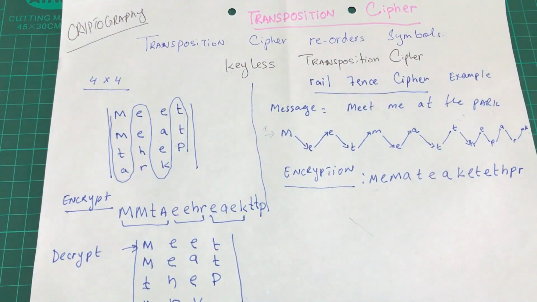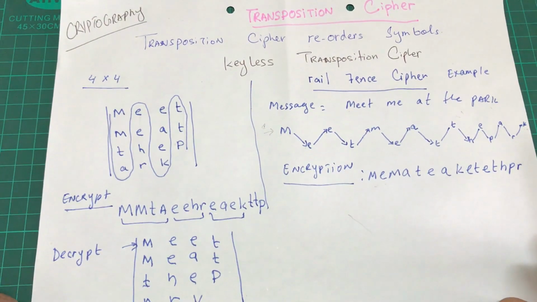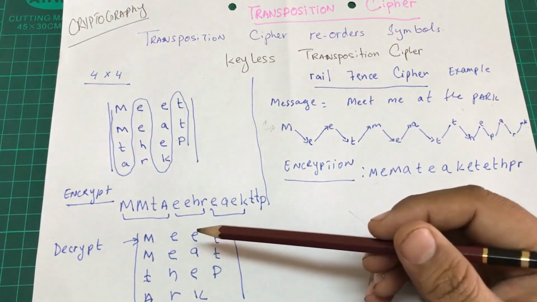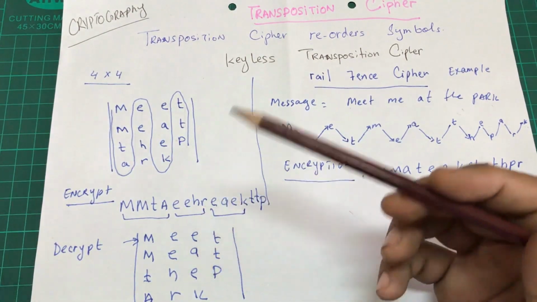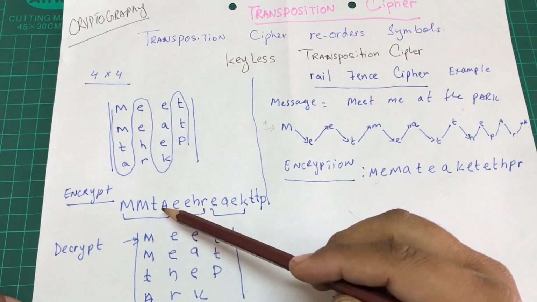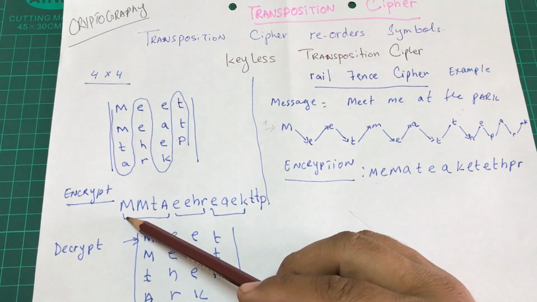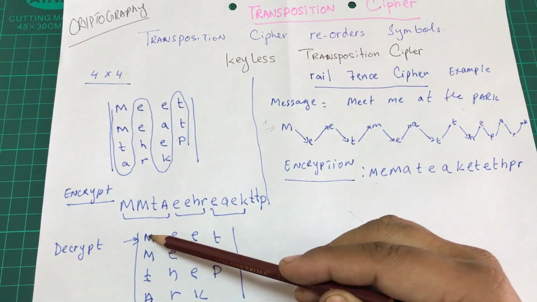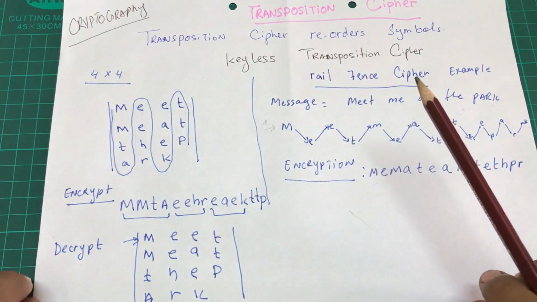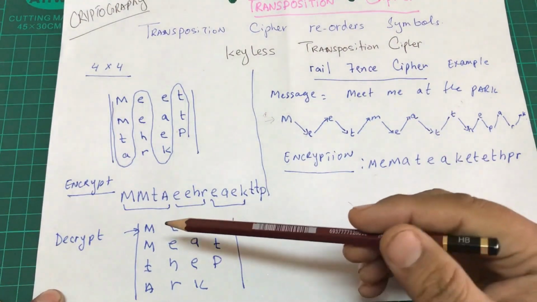At the receiving end, the way it's going to be decrypted is that the other party will make a 4 by 4 matrix, and pick up the first 4 letters and write them column wise. So they're going to write the message column wise, just like this.